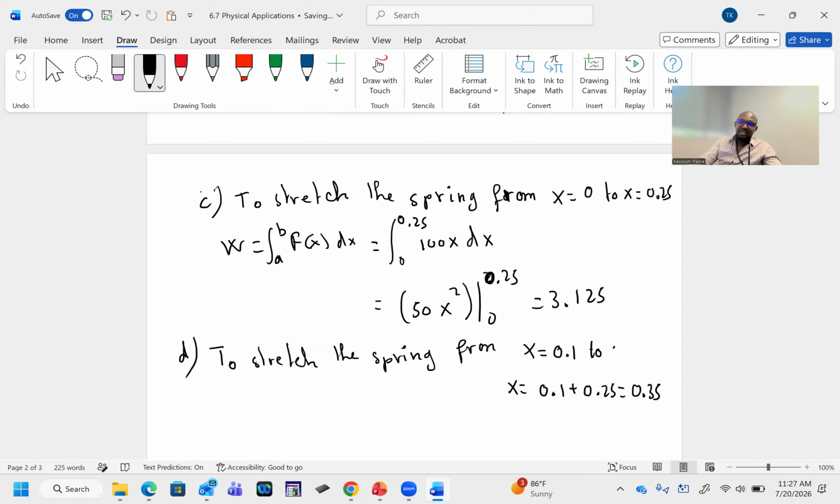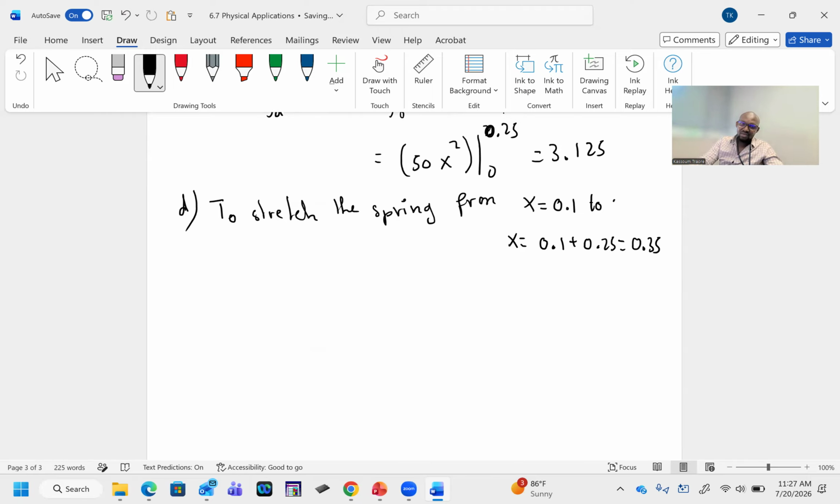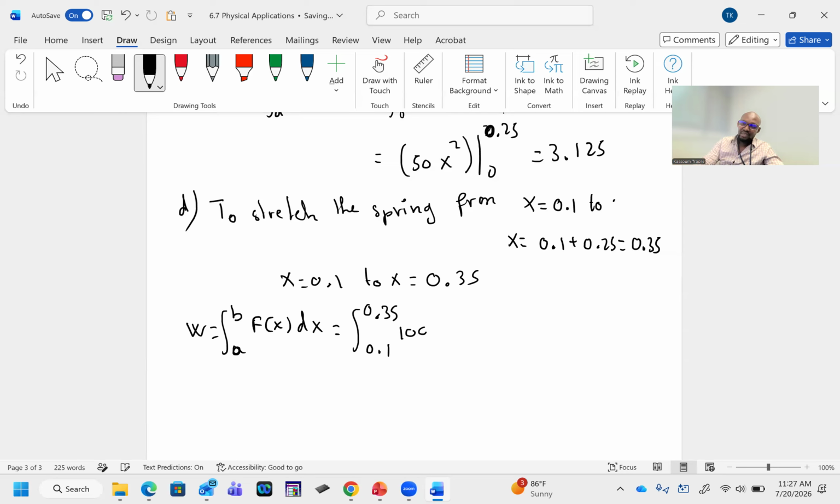So basically, it's from x is equal to 0.1 to x is equal to 0.35, which will be, W will be again the integral from A to B of f of x dx, which would be the integral from 0.1 to 0.35 of 100x dx.